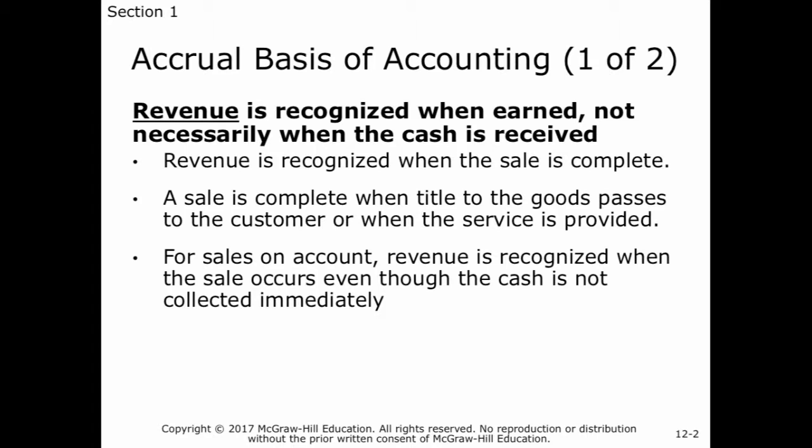So revenue is recognized when the sale is complete. And we determine that a sale is complete when the title to the goods passes to the customer or when the service is provided. And for sales on account, revenue is recognized when the sale occurs, even though the cash is not collected immediately.